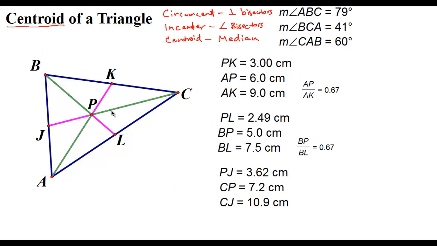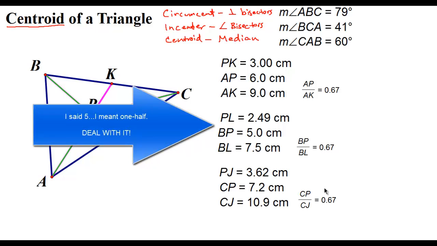So this big piece right here, CP, over the whole thing, CJ, comes out to 0.67 again. So 2/3, 2/3, 2/3. Then I'm going to look at the top piece. I'm going to look at the 3 and the 6. So 3 over 6 is 1/2. 2.5 over 5 is 0.5. And 3.6 over 7.2 is also 0.5. So show my halves, and there we go.